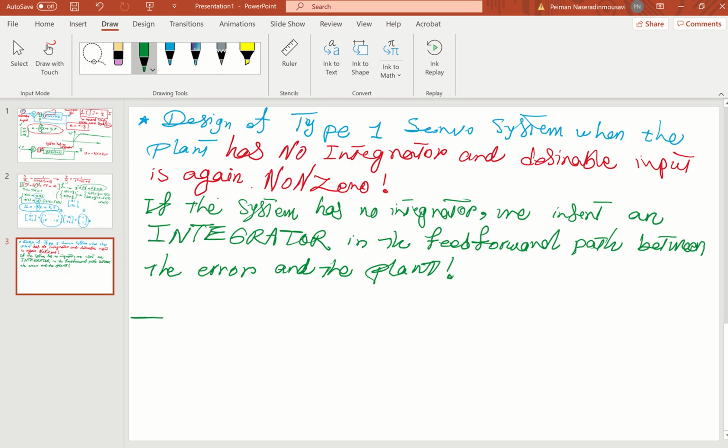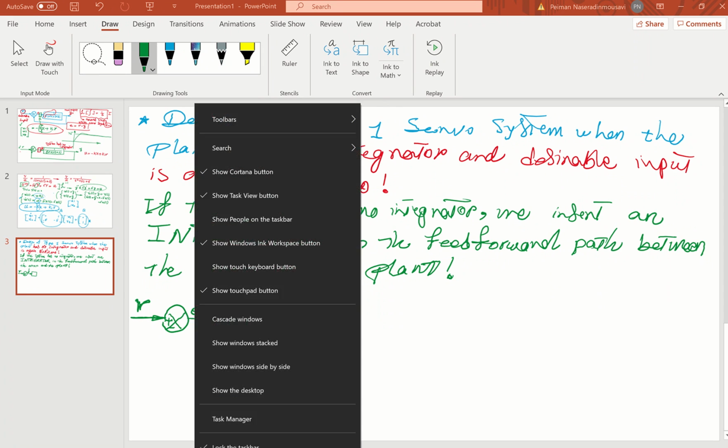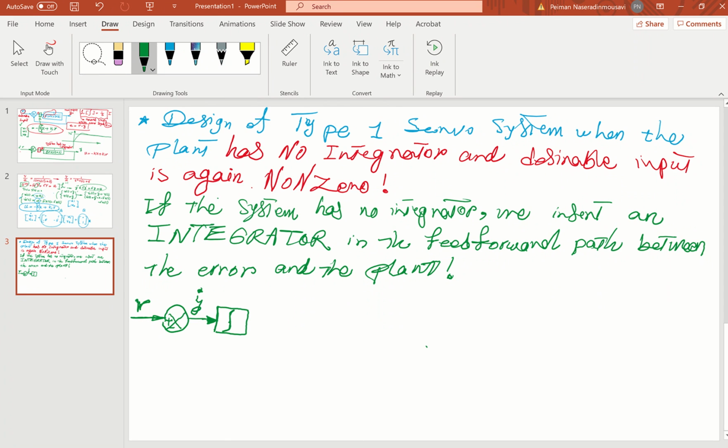How do we do that? Look at here, guys. This is the non-zero reference input. This comes here, plus minus. We're going to add an integrator. This is going to be zeta dot. Bear with me first, I'm plotting. See, I'm adding an integrator to the system.